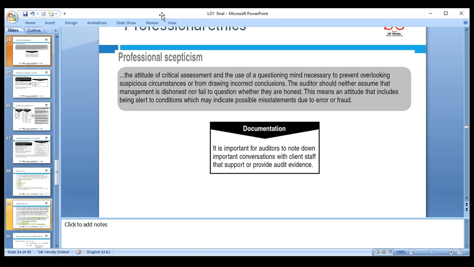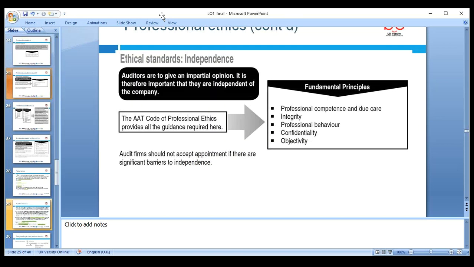This means being alert to conditions which may indicate possible misstatement due to error or fraud. It is important for auditors to note down important conversations with the client and staff that support and provide the audit evidence.